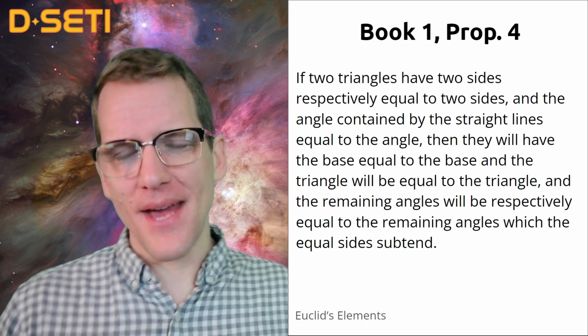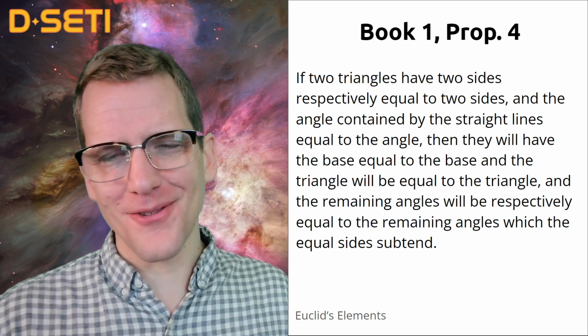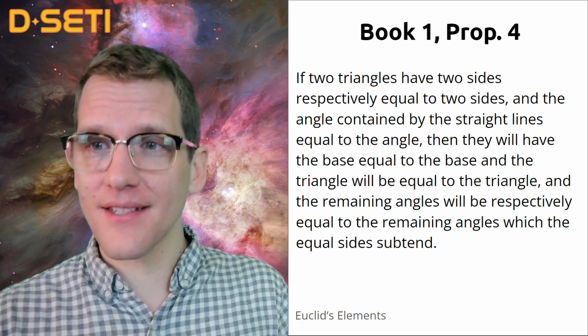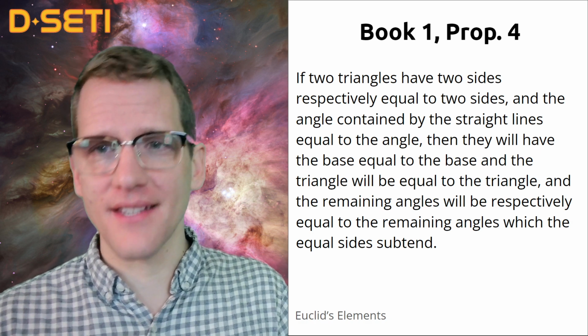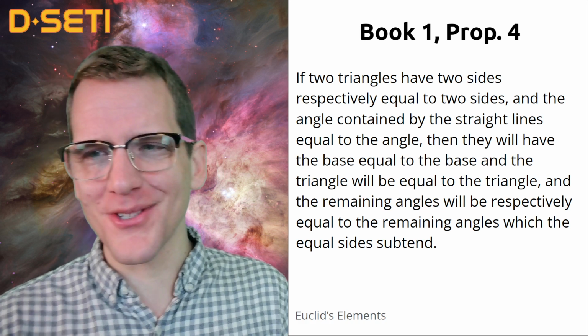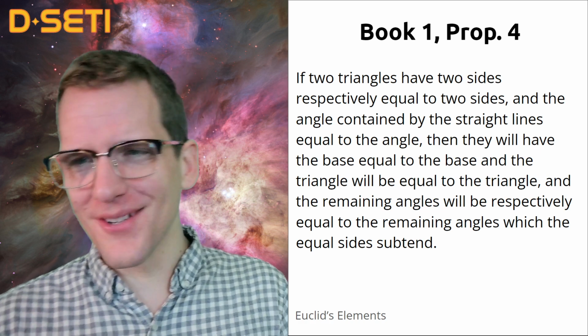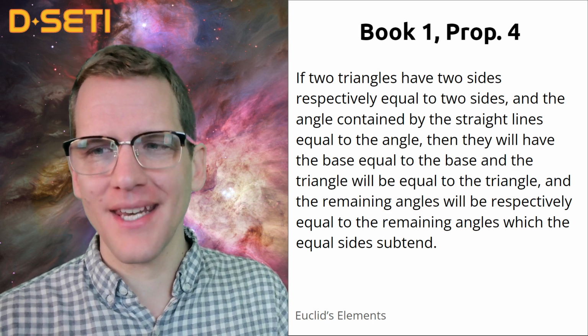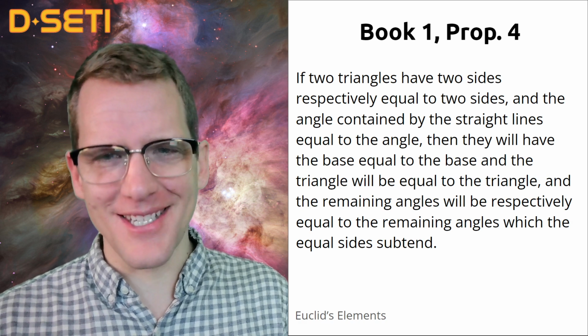And so in here, this is a really interesting proof, because it proves if 2 triangles have 2 sides respectively equal to 2 sides, and the angles contained by the straight lines equal to the angles, then they will have the base equal to the base, and the triangle will be equal to the triangle, and the remaining angles will be respectively equal to the remaining angles which the equal sides subtend.